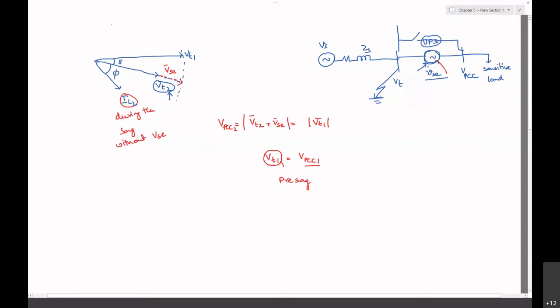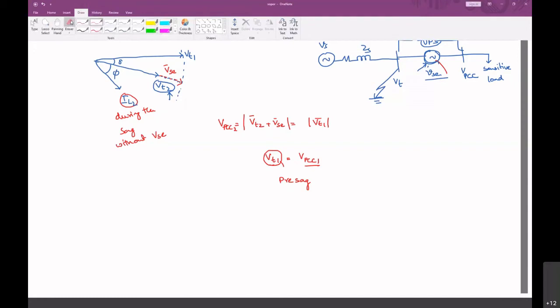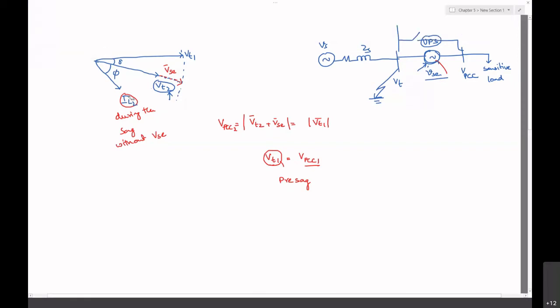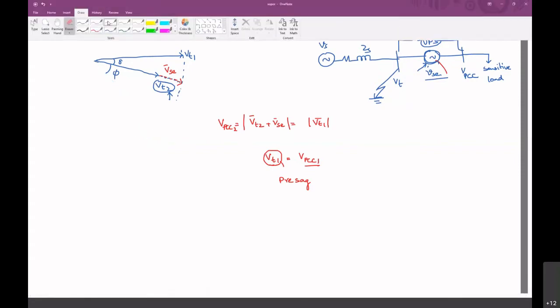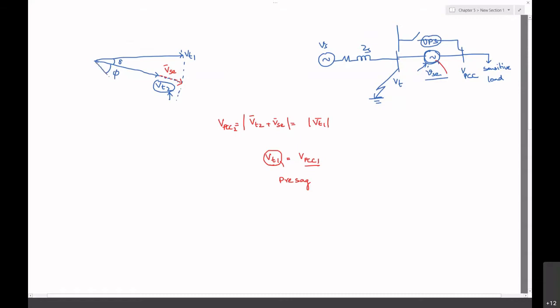Now when you have a series device and start injecting VSC, it is going to increase the current, because the PCC2 voltage is equal to VT2 plus VSC, which is equivalent to VT1. Then the current is going to increase, and the angle is with respect to the voltage VT2 bar plus VSC bar.